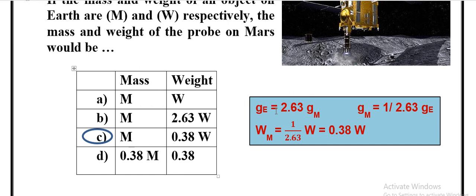We have the relation between the gravitational field strength of Earth and Mars, so the gravitational field strength on Mars will equal 1 over 2.63 of that of Earth. So the weight on Mars will decrease by the same ratio, that it will be 0.38 of the weight on Earth.